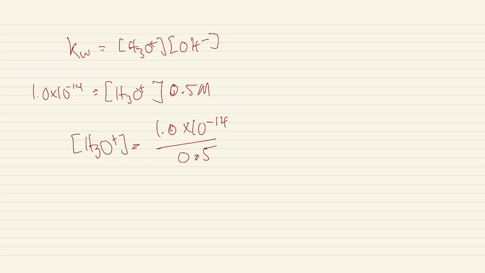And so this is going to be a very, very small number, right? I'll plug it in real quick. The alarm should go off in like 2 minutes. 1 times 10 to the minus 14, enter, divided by 0.5. So I get the concentration of H3O plus is equal to 2 times 10 to the minus 14.